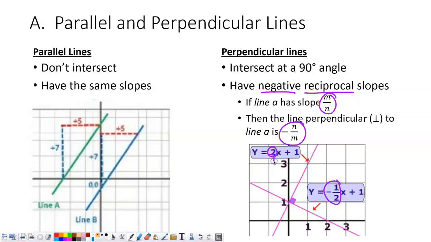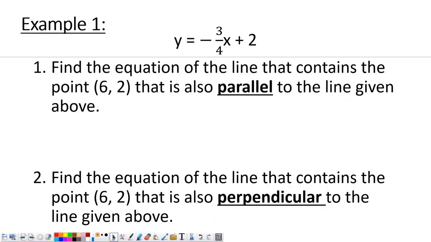That's because this is 2 over 1, so if you flip that over and change the sign, you get negative 1/2, and notice that those two lines make a 90-degree angle. So parallel lines have the same slope, whereas perpendicular lines have negative reciprocal slopes. That is what we need to know about parallel and perpendicular lines.